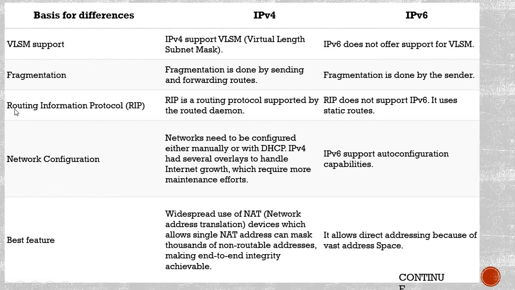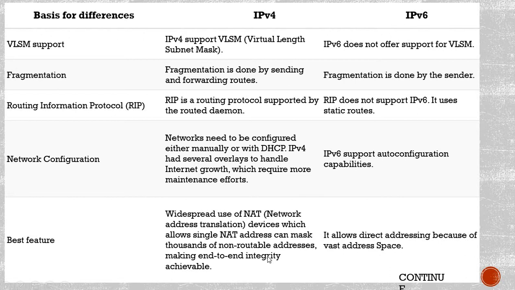RIP, that is the Routing Information Protocol, is supported by the routed daemons, and in IPv6 it uses static routes. So RIP is not supported by IPv6. Now about network configuration, in IPv4 it is done manually or with the help of DHCP, and IPv6 supports auto configuration capabilities.